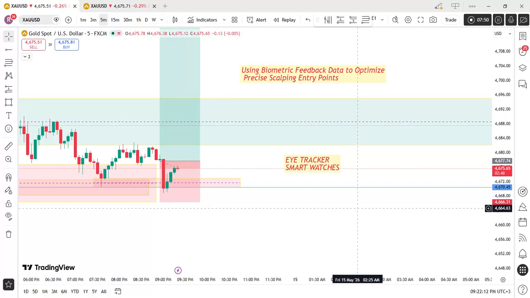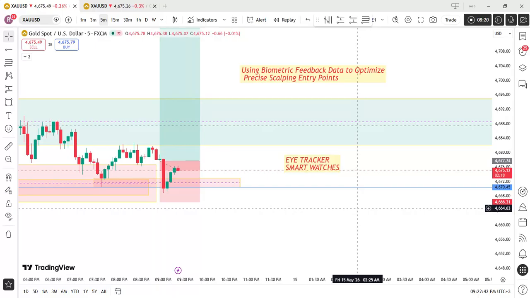We also have skin conductivity, which is just a response to stress. Whenever you're stressed, the skin behaves in some way. Then we also have the breathing rhythm, which has a relationship to the heart, because sometimes your heart is pumping way harder because of that impulsive reaction from scalping.